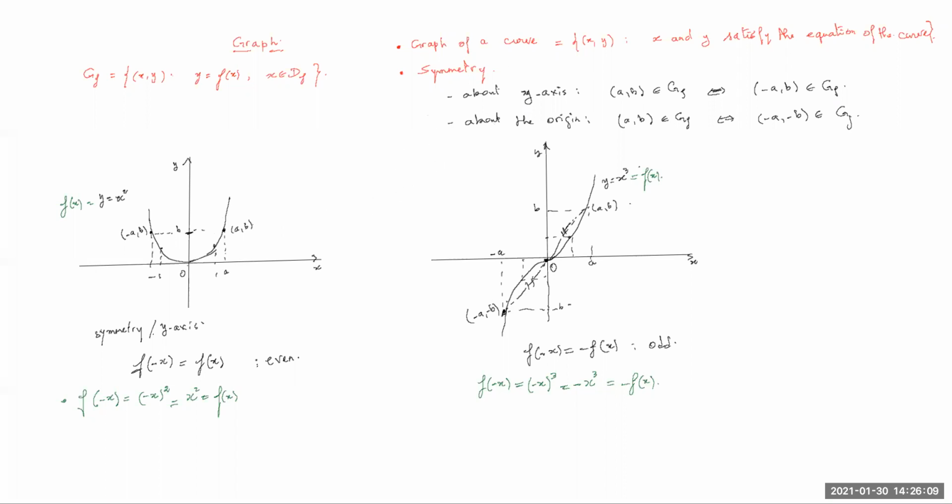There is something else we can read on the graph. This one is the intersection of the curve with the x-axis or the y-axis. So suppose, for example, another situation.